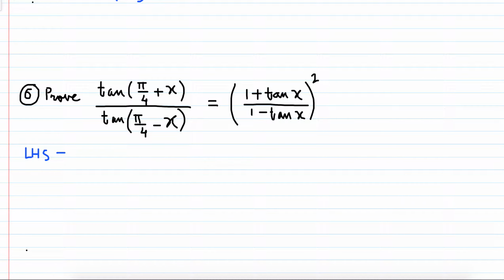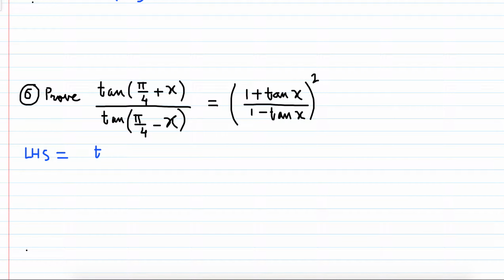So here we have to use the formula for tan x plus y. So tan x plus y is tan x plus tan y divided by 1 minus tan x tan y, and similarly tan x minus y is tan x minus tan y divided by 1 plus tan x tan y.